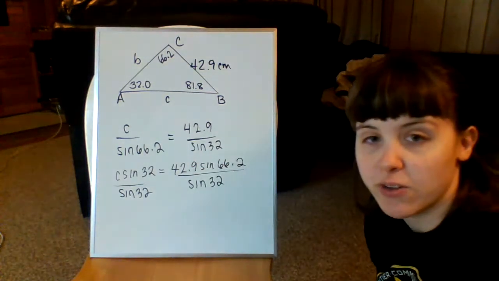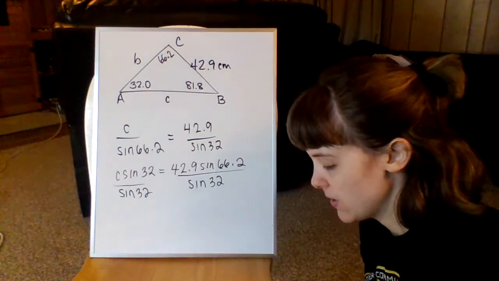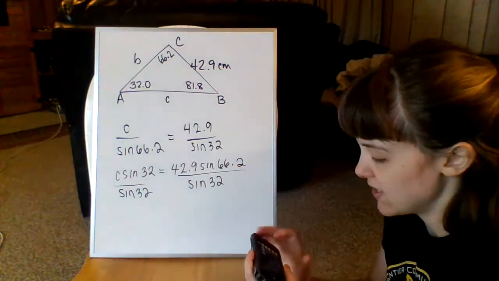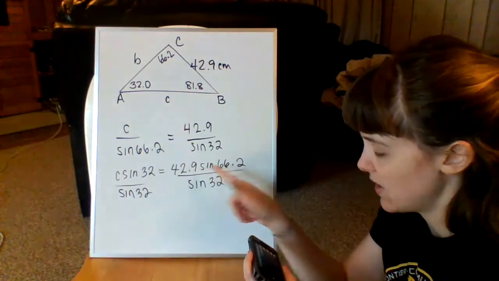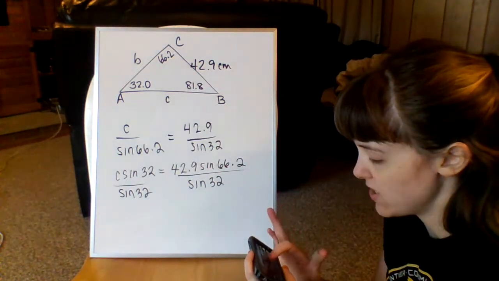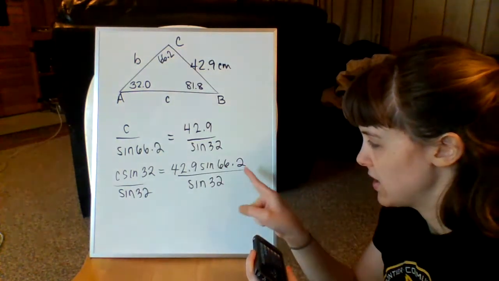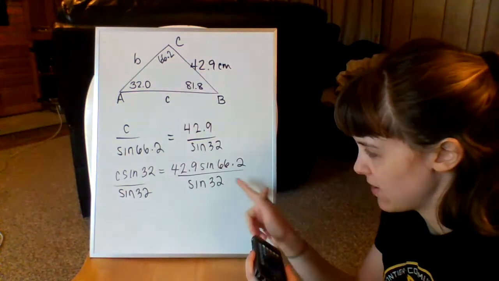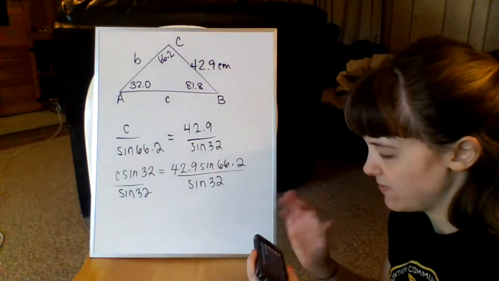Alright, so I'm going to walk you through how to type this in on your calculator again. Clear out what we had before. And we're going to do 66.2 sine times 42.9 equals, divided by 32 sine, equals.